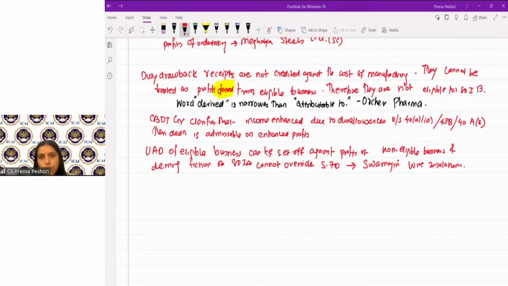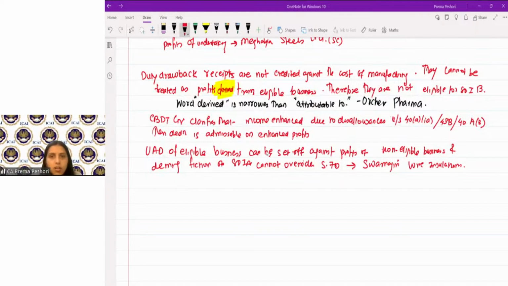Can he do so? The Delhi High Court held that the provisions of 80IB nowhere stipulate a condition that the claim has to be made from the first year of qualification for deduction and you cannot claim it in the remaining years.